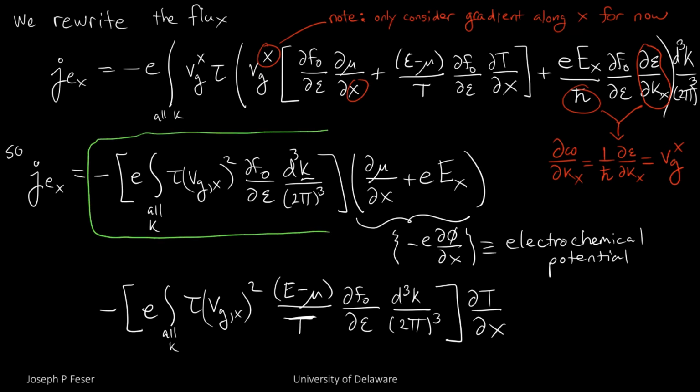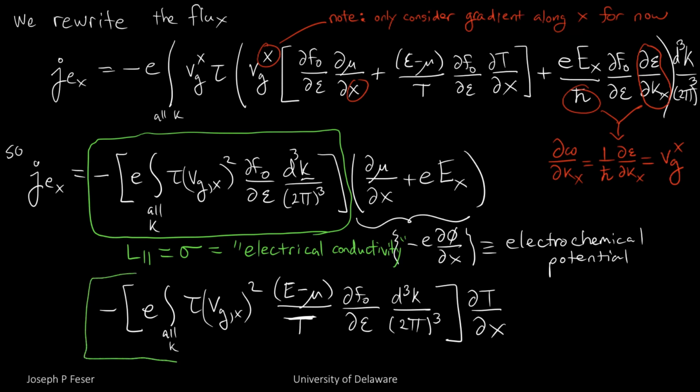The integral in front of the electrochemical potential, you'll recognize it, is actually the electrical conductivity. So if I end up with charge transport driven by an electrochemical potential, that's called the electrical conductivity.